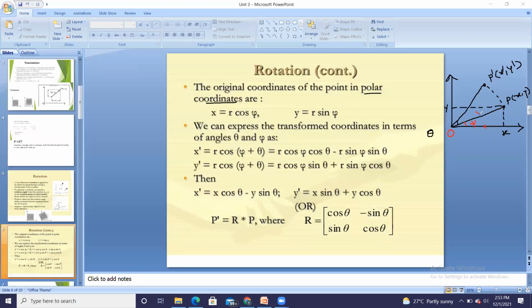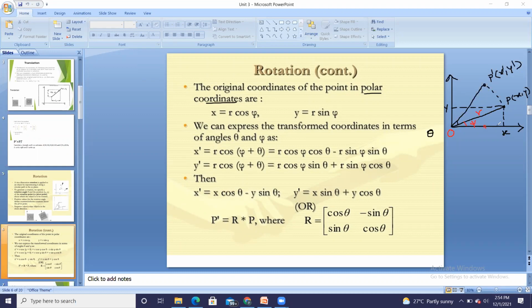Radius. Right, absolutely, you are correct. So in short, this OP is acting as a radius in this circular path, and I have the radius value and the angle of original P. Now can I get the x value in terms of R and this angle? Yes. So what is this? R cos psi.